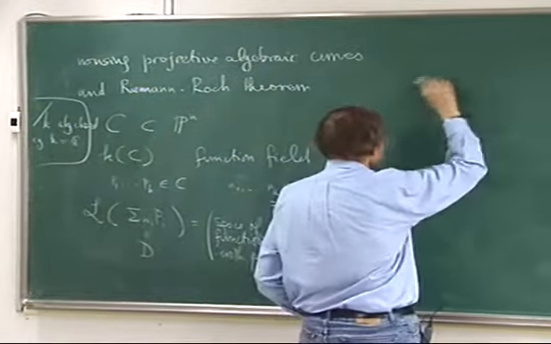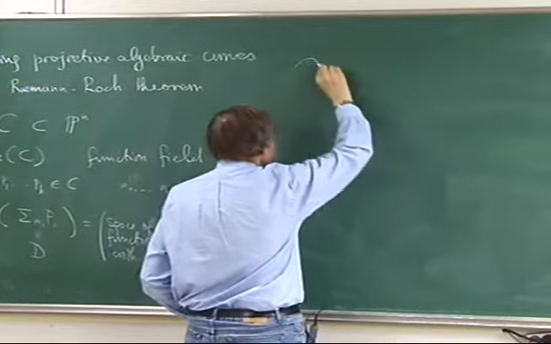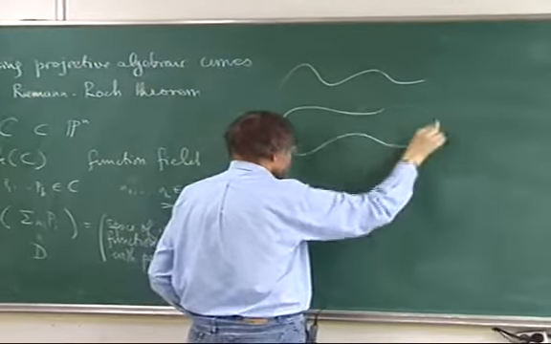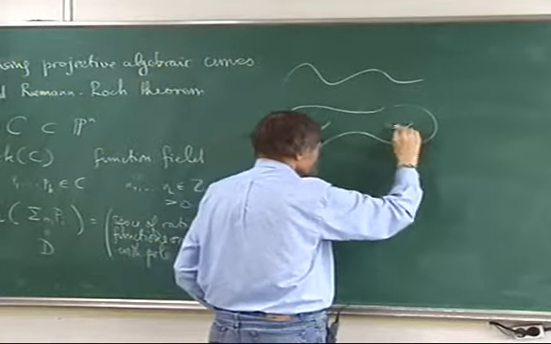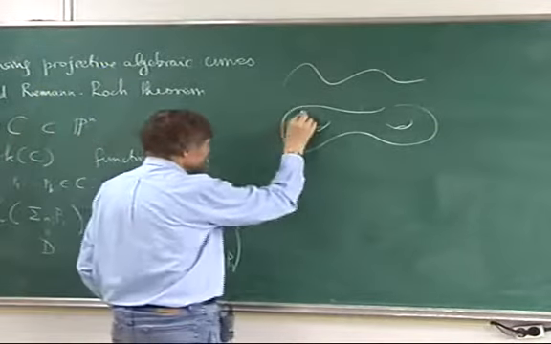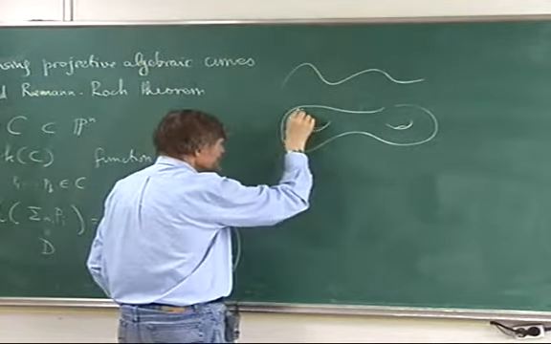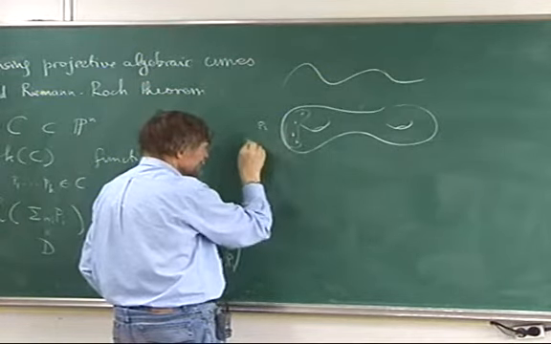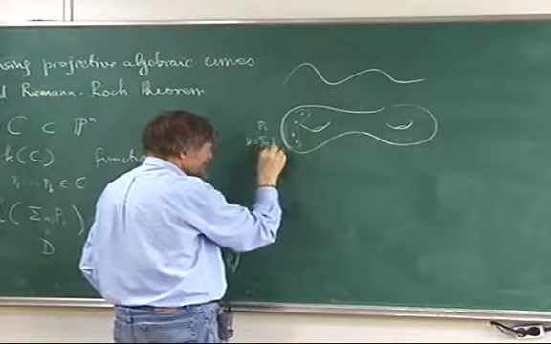So here's my curve. Or you can draw it like this if you like, because if you're over the complexes, you can draw the curve like this. And then here are some points. These are Pi, and then D is the sum of NiPi.